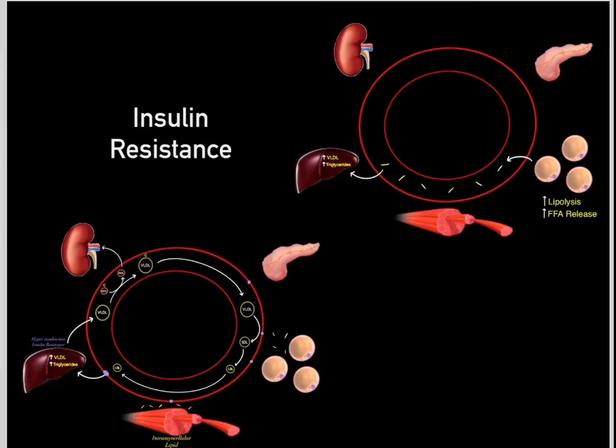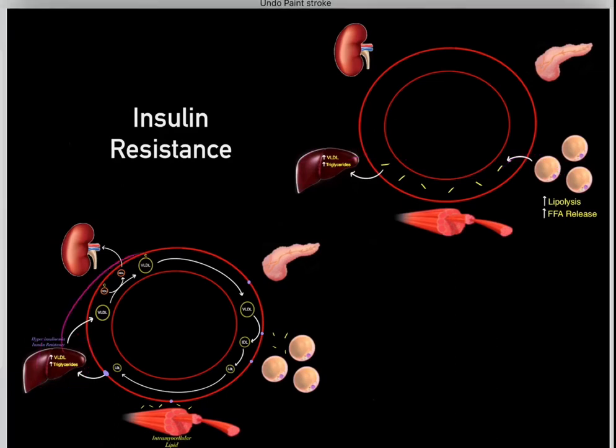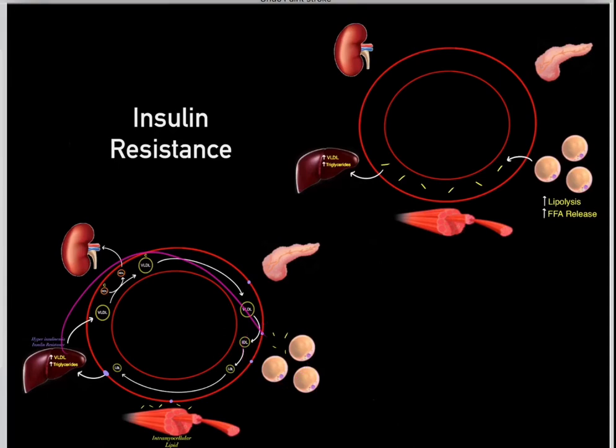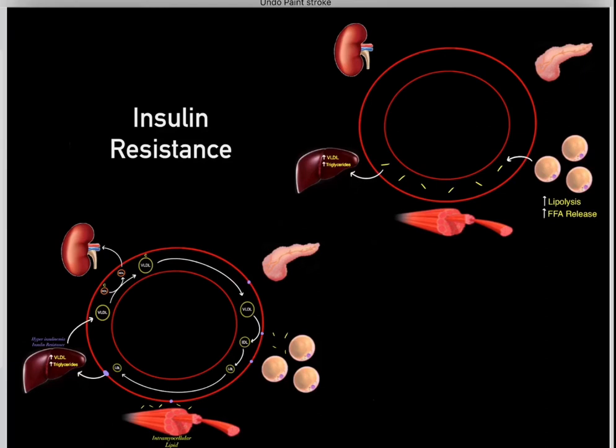But the point is we have this toxic cycle where these adipocytes are trying to give the excess energy, these excess free fatty acids, to the liver, and the liver is trying to give these excess free fatty acids to the adipocytes, which then give it back to the liver, and so on. So during this toxic cycle, some of that excess energy, those excess free fatty acids, are also going to be disposed onto other tissues like skeletal muscle.